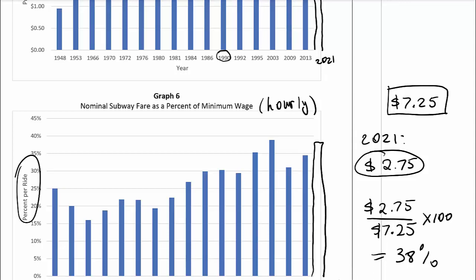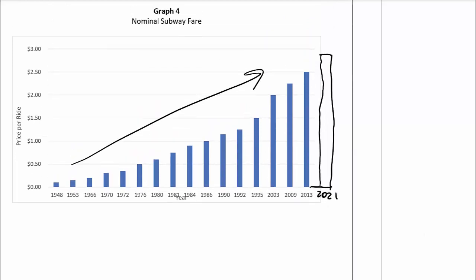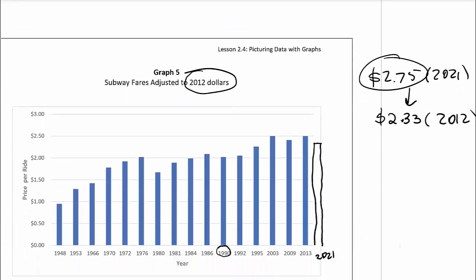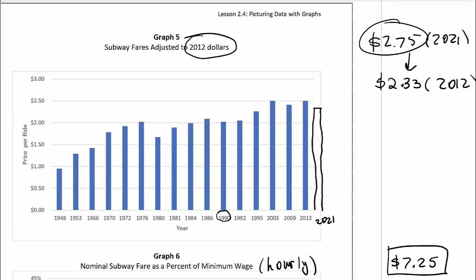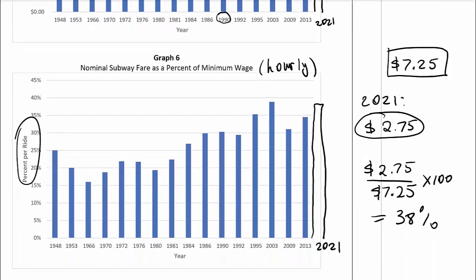So that gives you an idea of how things are relative to something else. That's what you want to get. So yes, prices have been going up. Yes, for everything. All right, now, but when it comes to adjusting them, here's what you see for the subway ride.